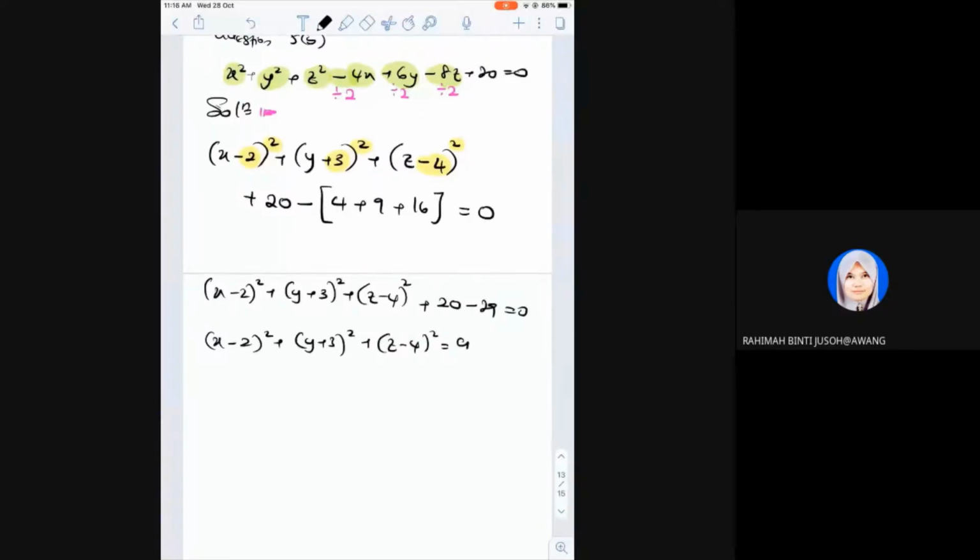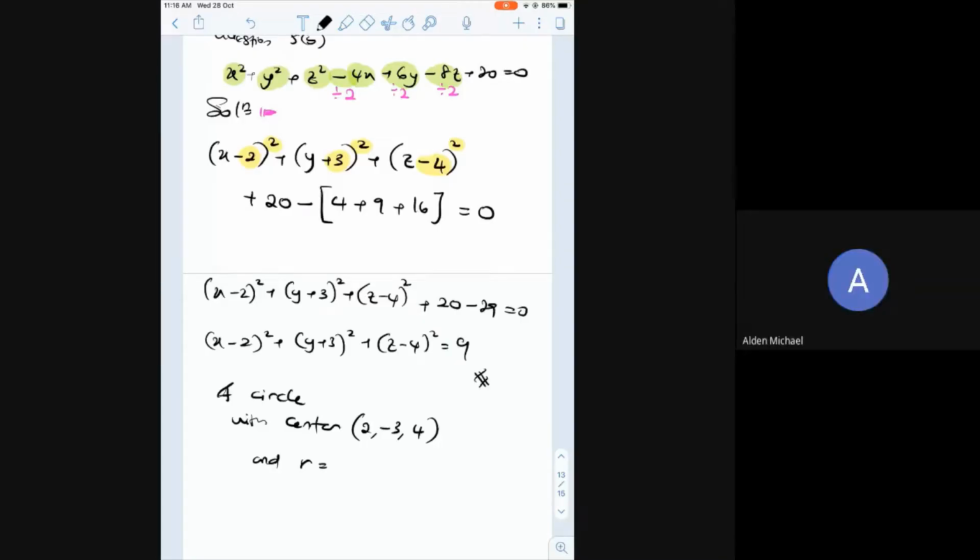So done already, siap. Okay, therefore this is a sphere with center at 2, -3 and 4, and radius r equals to, what's the radius now? 3. 3, yes. So that's it.